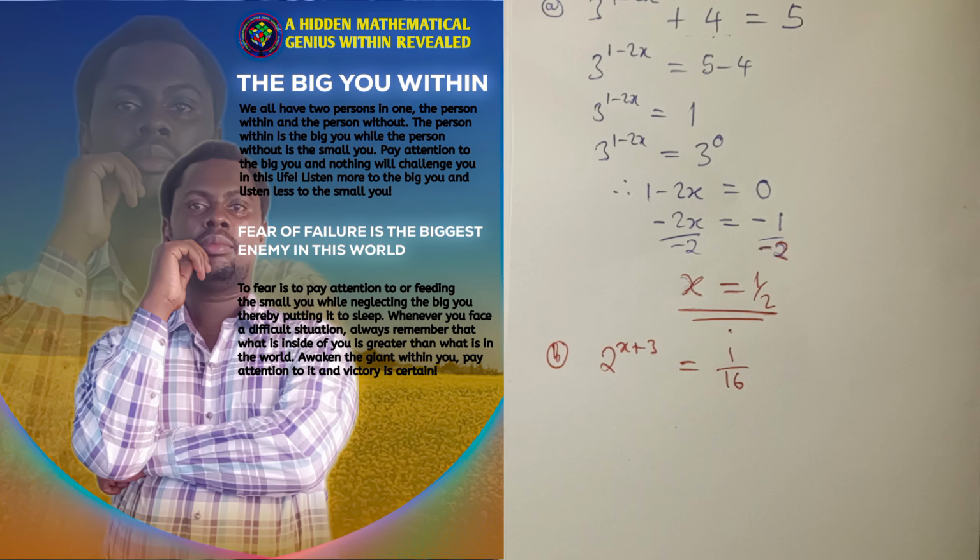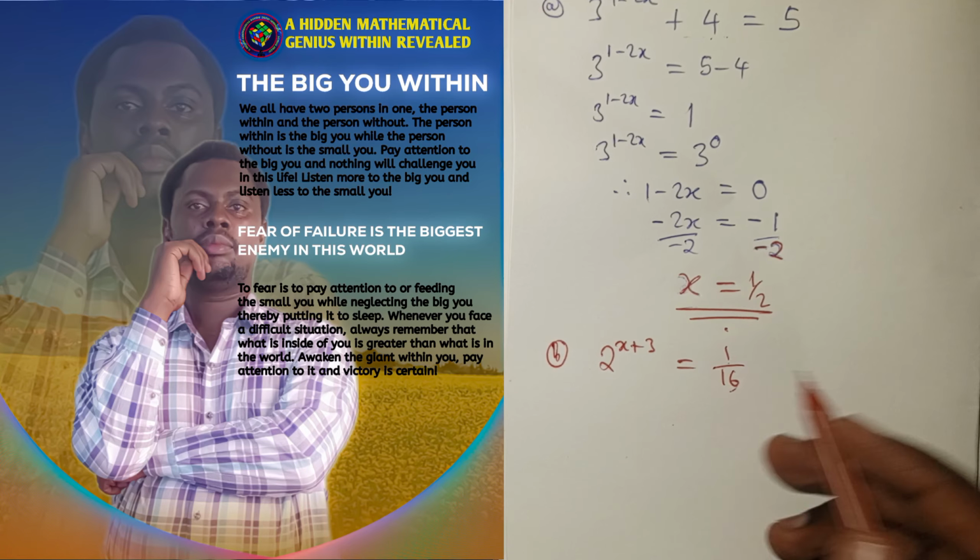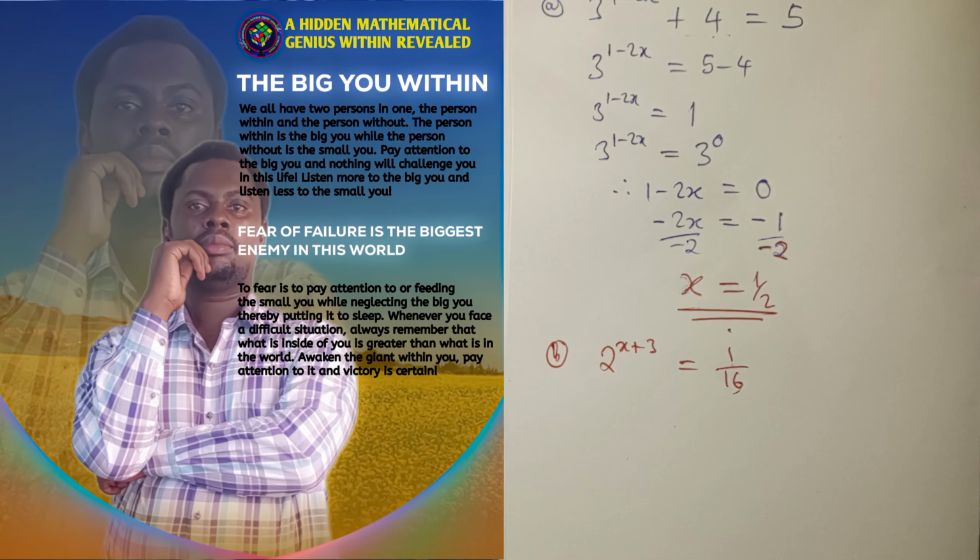So to get rid of this 1 over, to bring the 16 upward, the power is going to change from a positive power to a negative power, and we know that this 16 has a power of positive 1.